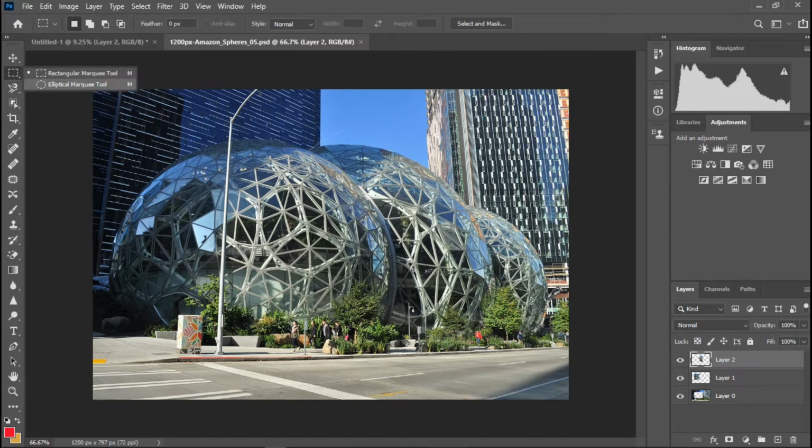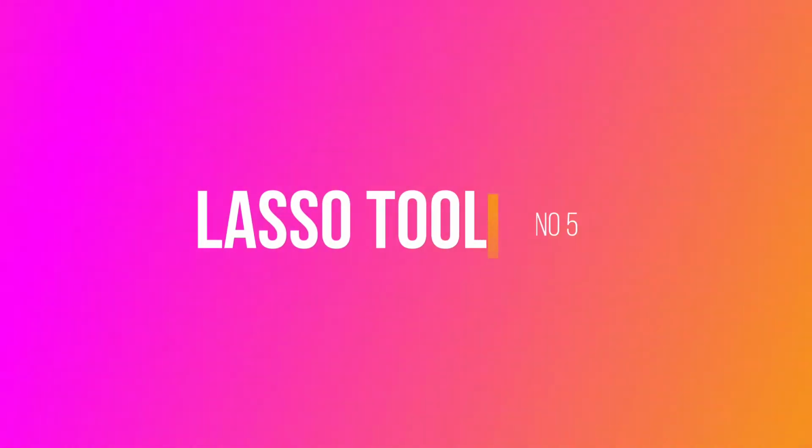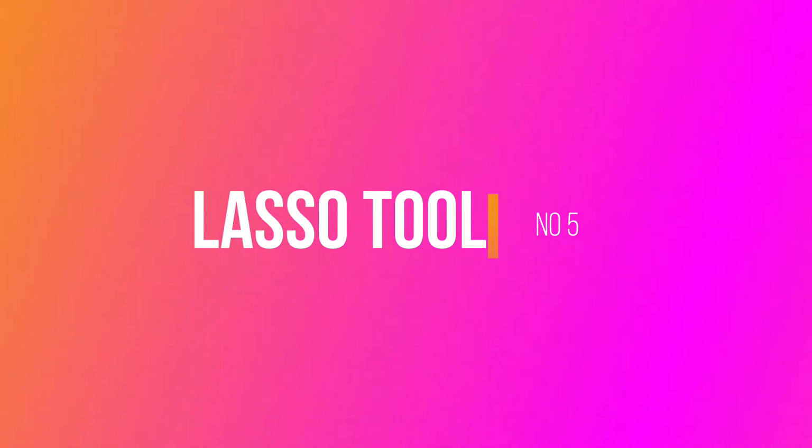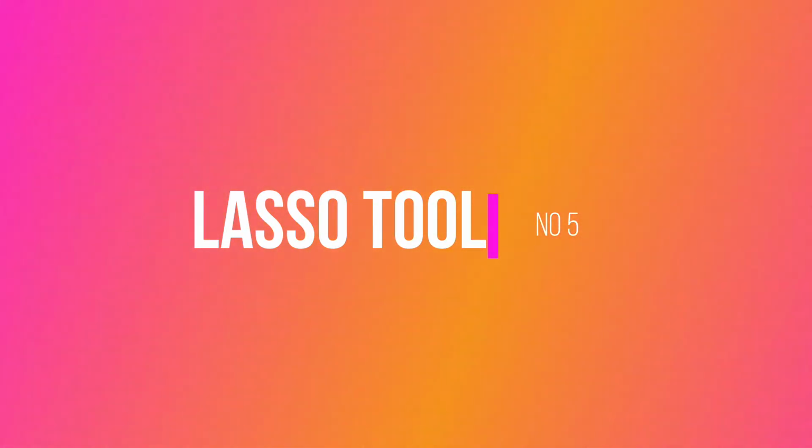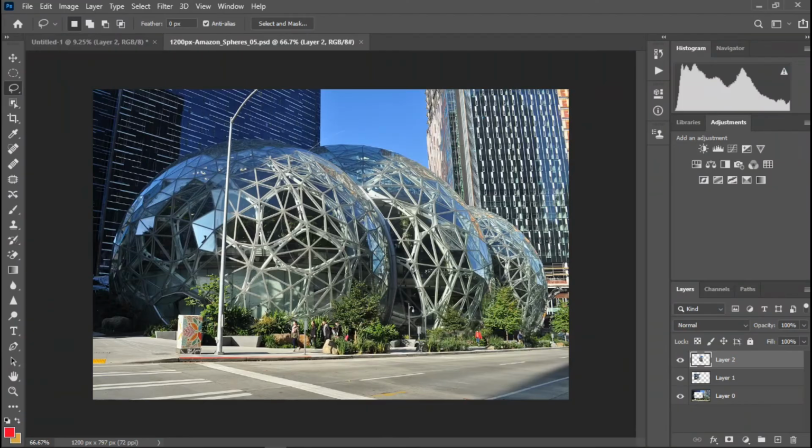To continue, after this elliptical marquee tool, we're going straight into another tool called the lasso tool. This lasso tool is also a tool for selecting, but it's also very cool to use. It's more or less a freehand selecting tool, you understand?